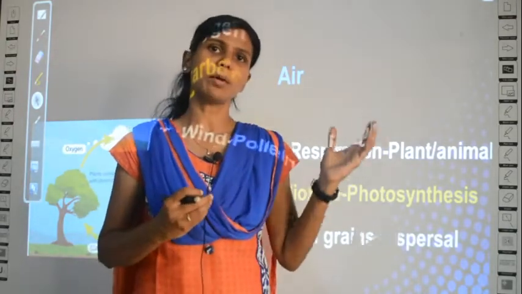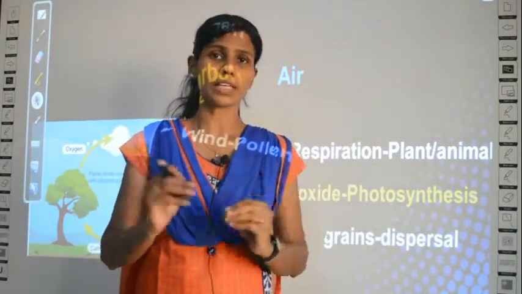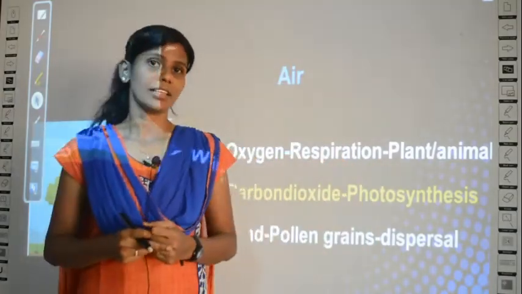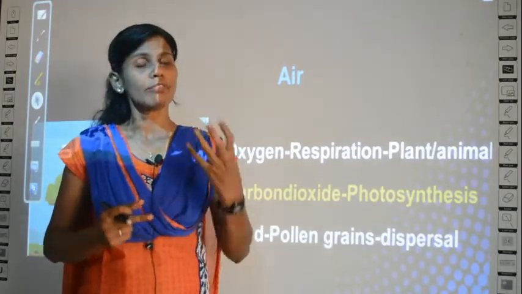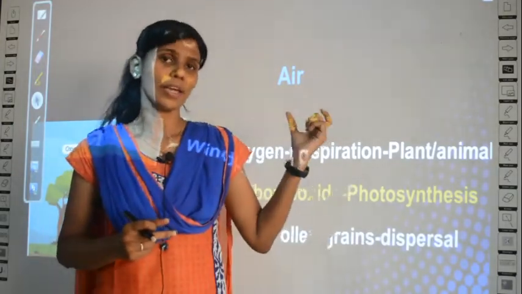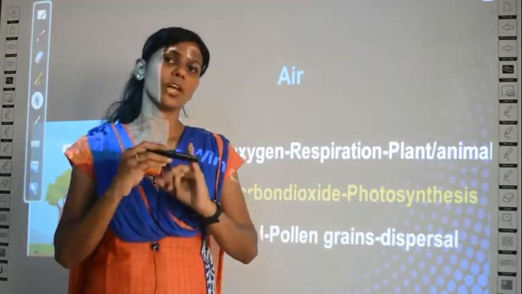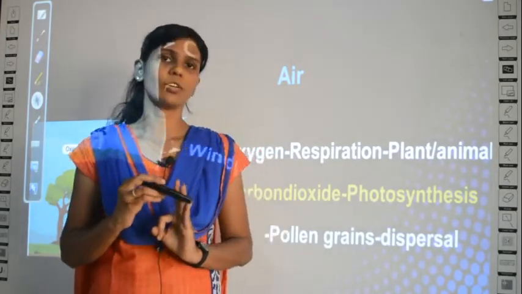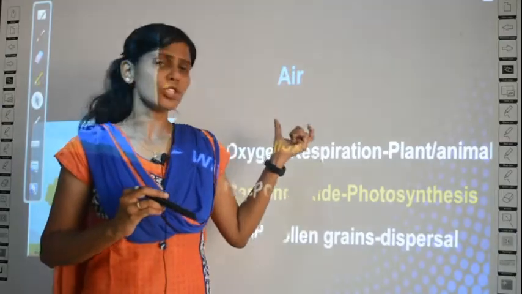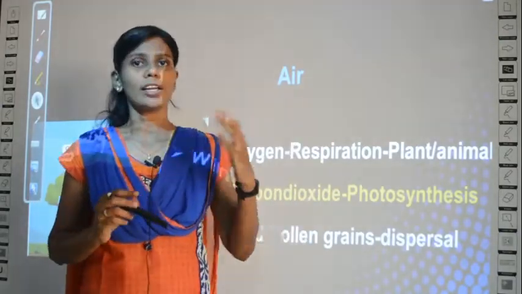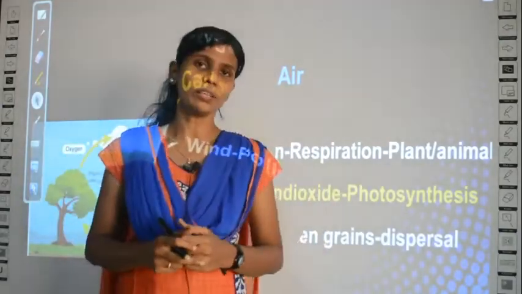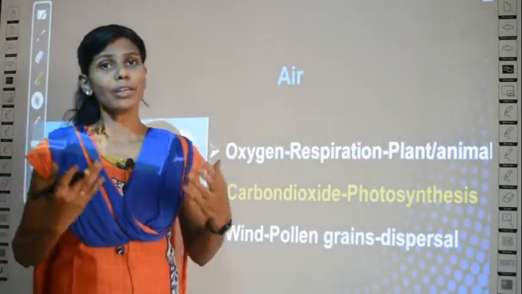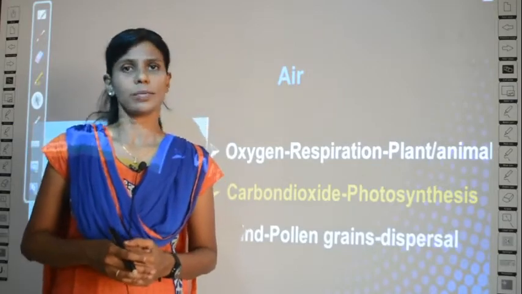You have studied about pollination, where pollen grains have to be transferred from the male part to the female part of the flower. For the transfer, the main agents we have studied are wind, animals, and water. So one major factor essential for pollination is the wind. So wind also helps the living organisms to propagate in some way.